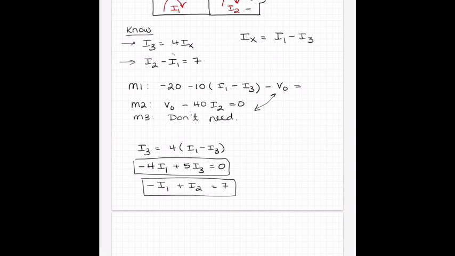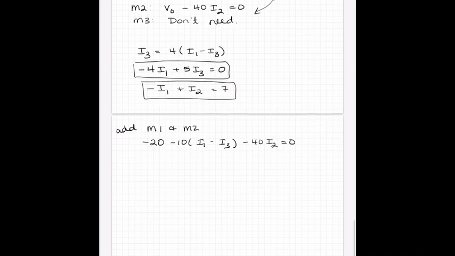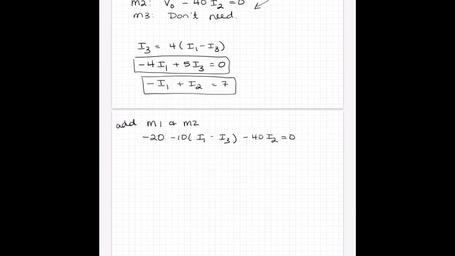So when I add mesh 1 and mesh 2, I will have minus 20 minus 10 times I1 minus I3. The VOs are going to cancel out. So minus 40 I2 is equal to 0. All right. So when I simplify this down, I'll have minus 10 I1 minus 40 I2 plus 10 I3 is equal to 20.